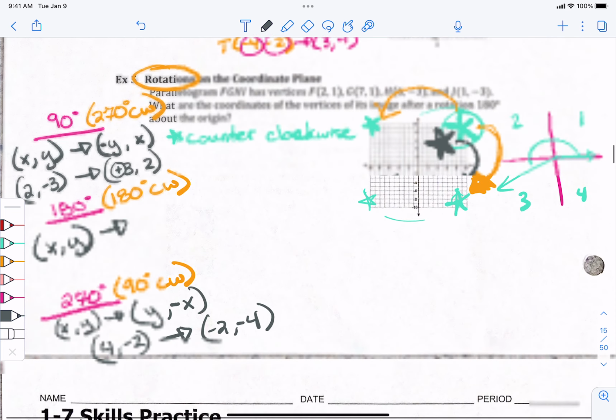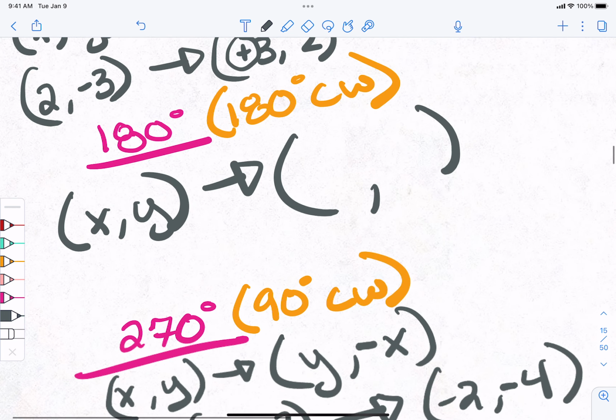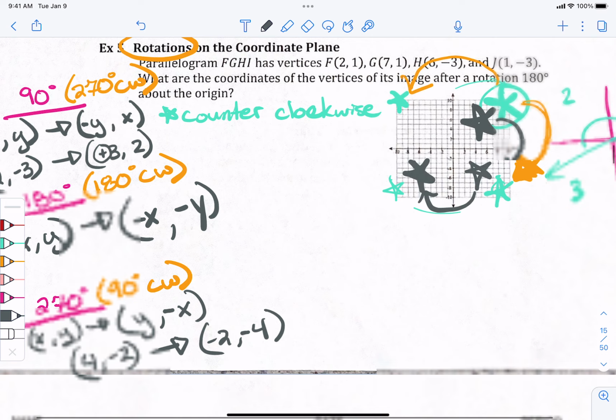So let's think about reflecting across the x-axis. What does that do? If you reflect across the x-axis, the y-coordinate becomes negative, right? If you reflect across the y-axis, the x-coordinate becomes negative. So for a 180 degree rotation, they stay in the same spot, but they both turn the opposite sign, right? Because it's a reflection across x and y at the same time. Okay? Good?